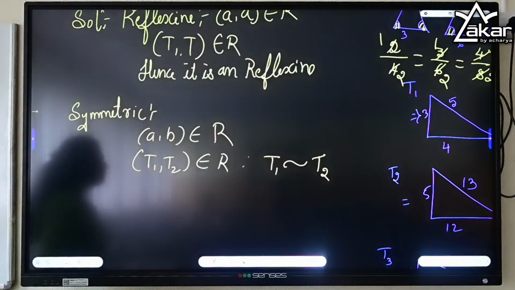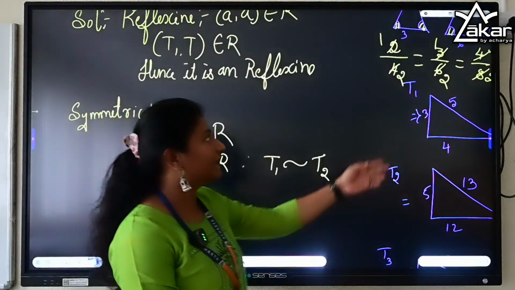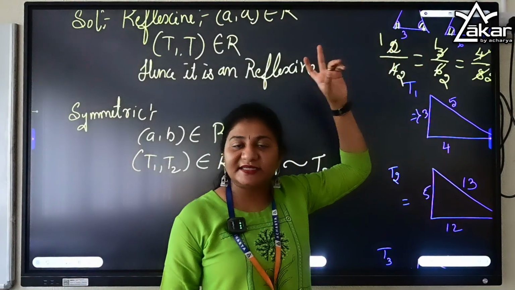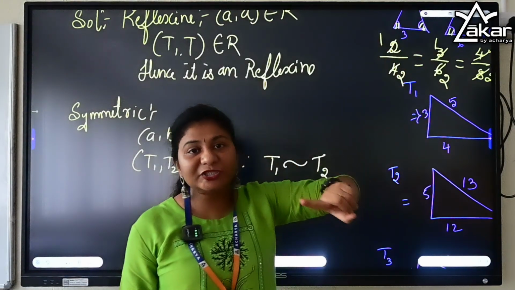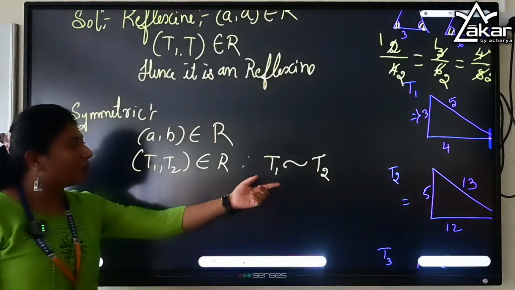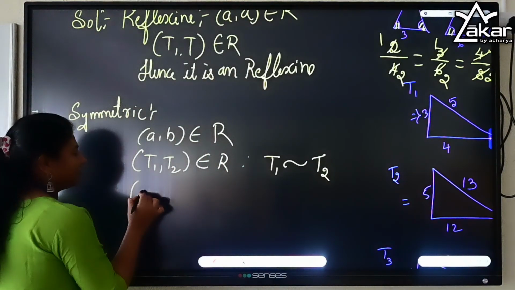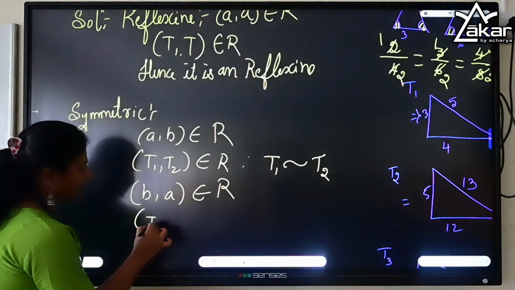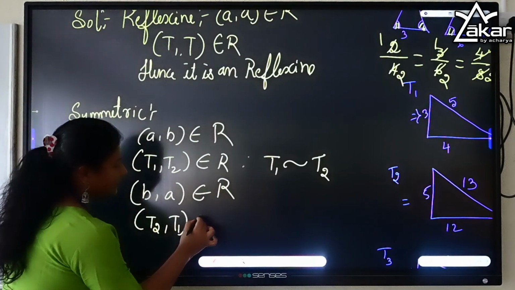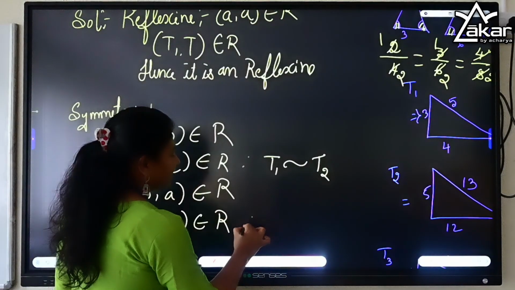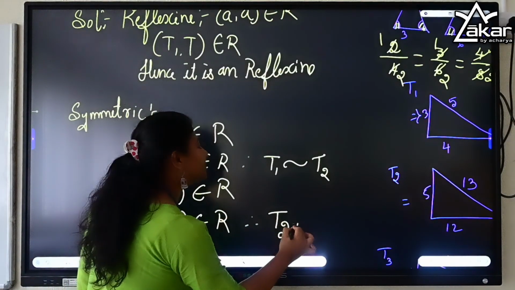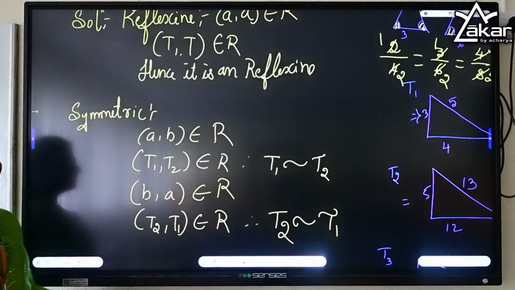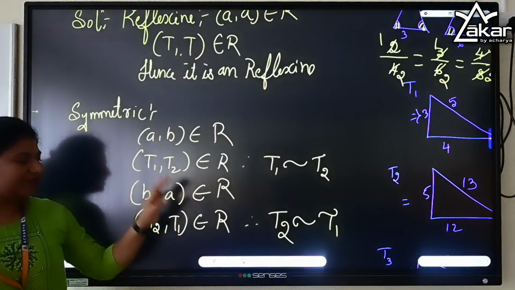You take any triangles, as I previously solved. Their sides and sizes are different, but the ratio is the same. So if both are the same, I can also write B comma A belongs to R, that is T2 comma T1 also belongs to R. That is, T2 is also congruent to the first triangle T1. So this is how you prove the symmetric condition.